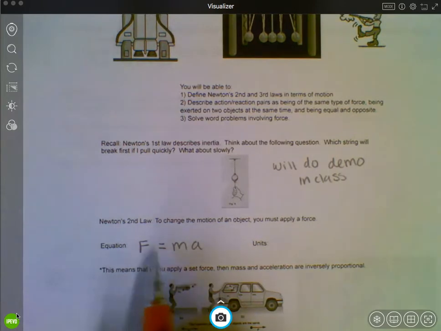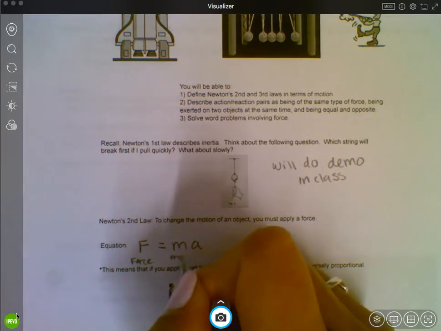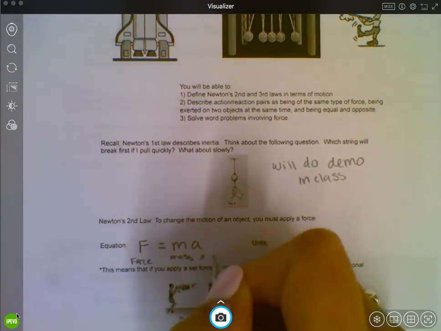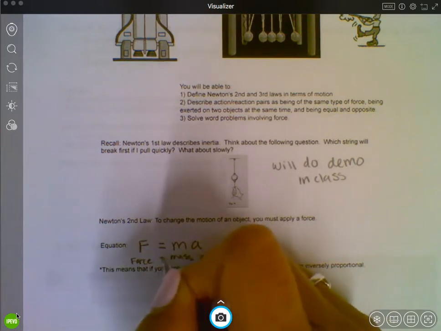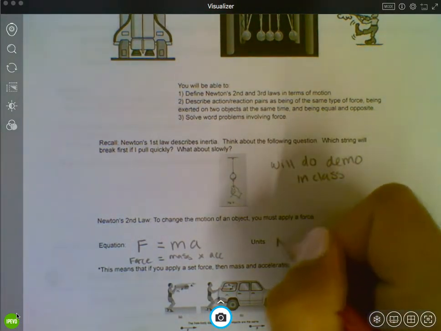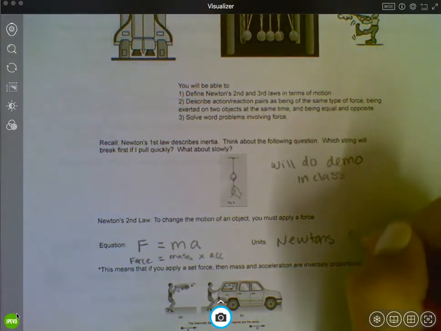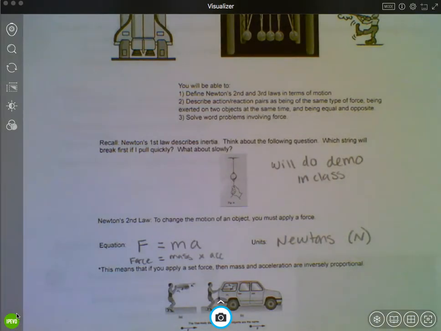Force equals mass times acceleration. Let's put those words in so you know what these are. The units for force are newtons, named after Isaac Newton, so we have to use a capital N because it's a person's name.